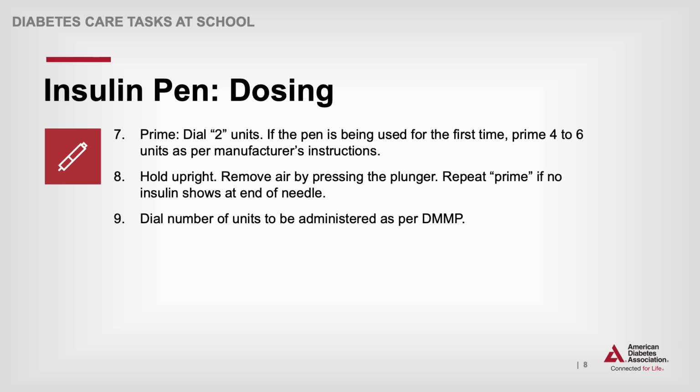Note, a brand new pen will need to be primed with 4 to 6 units until a few drops of insulin come out of the needle. The purpose of priming is to clear any air out of the syringe that could affect dosing. Priming should be done into the air and not at the student.